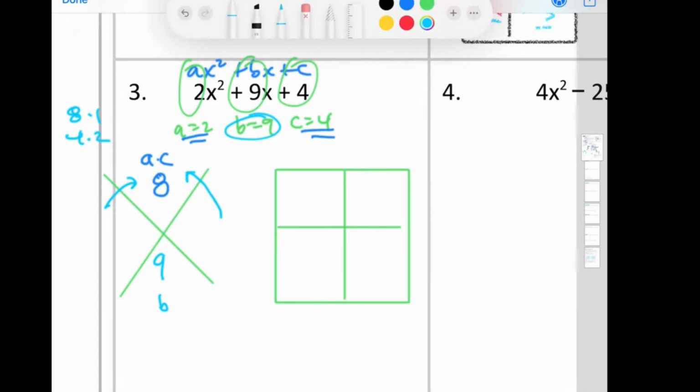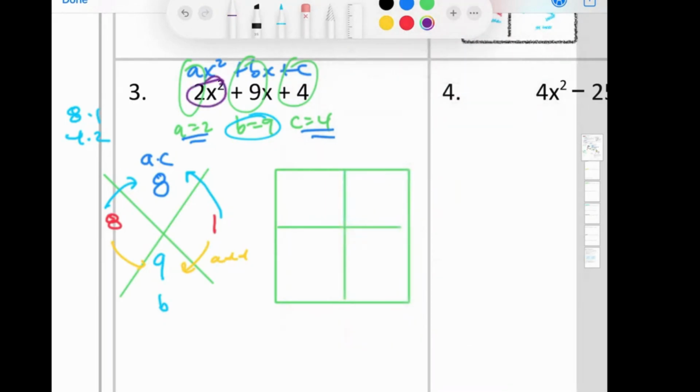And my two numbers are going to be 8 and 1. 8 times 1 gives me 8, and then if I add those two numbers together, they give me 9. Okay, let's go ahead and put in these now.